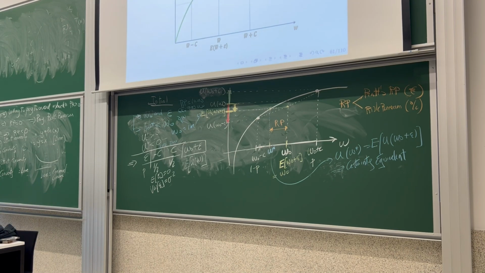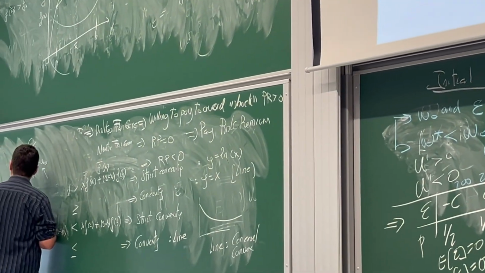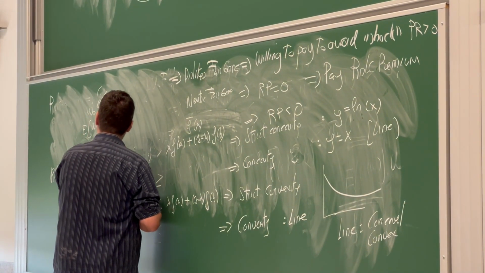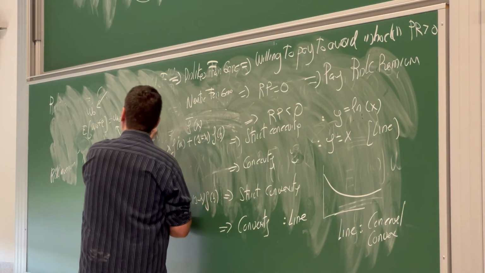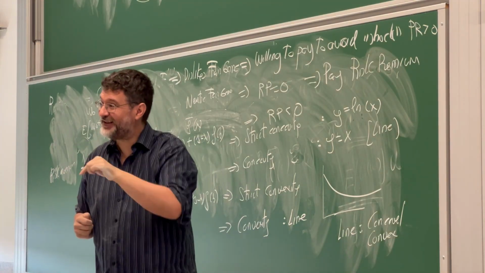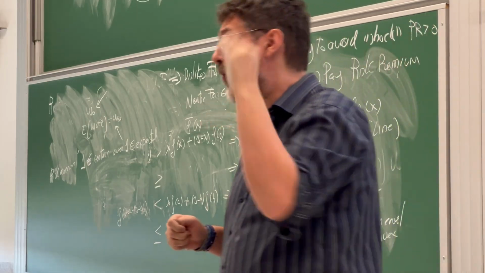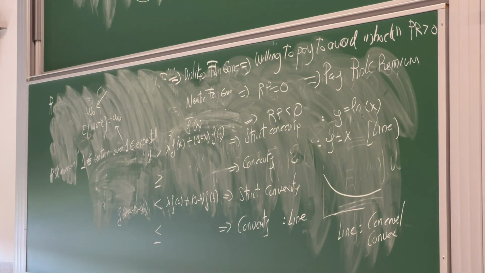So we can define this aversion as someone that prefers 1 euro certain over 1 euro expected. If you tell me I prefer 1 euro for sure, 100% chance, over 1 euro expected, you are risk averse. If for you both amounts feel the same, you are risk neutral. And if you prefer the 1 euro expected, then you are risk loving.